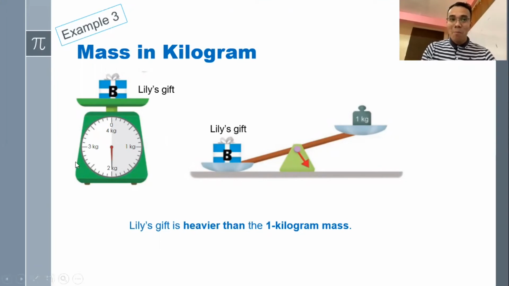This red mark has passed the 1 kilogram, which means this object, which is the gift of Lily, is heavier than 1 kilogram. Look at the balance scale. The gift of Lily is below, and the 1 kilogram is on top, which means the gift of Lily is heavier than the 1 kilogram mass.